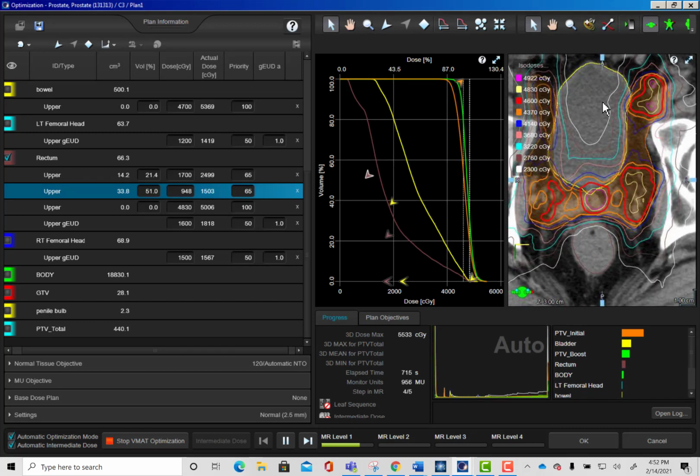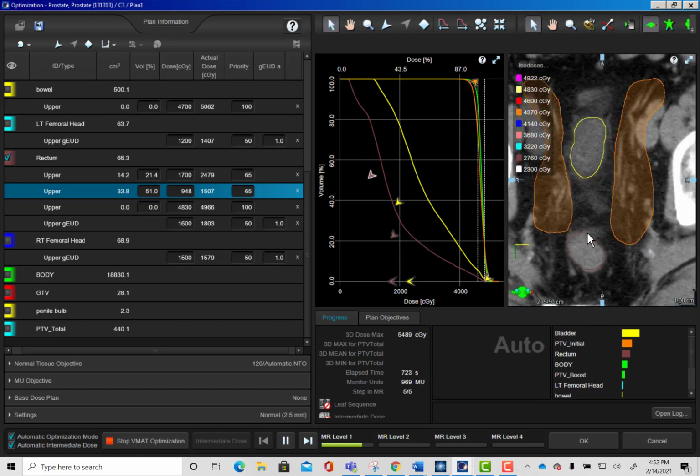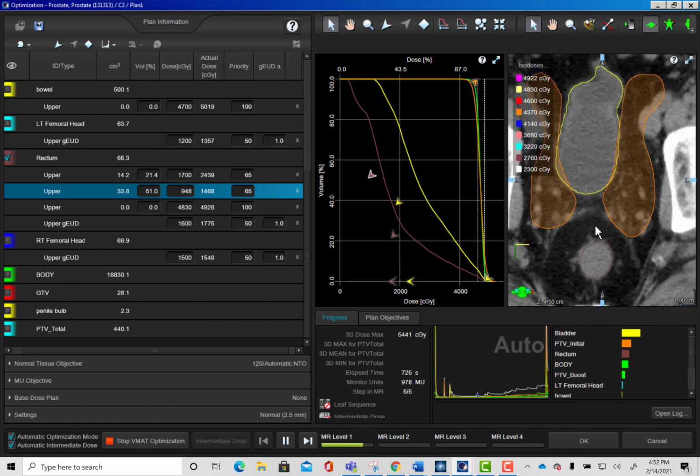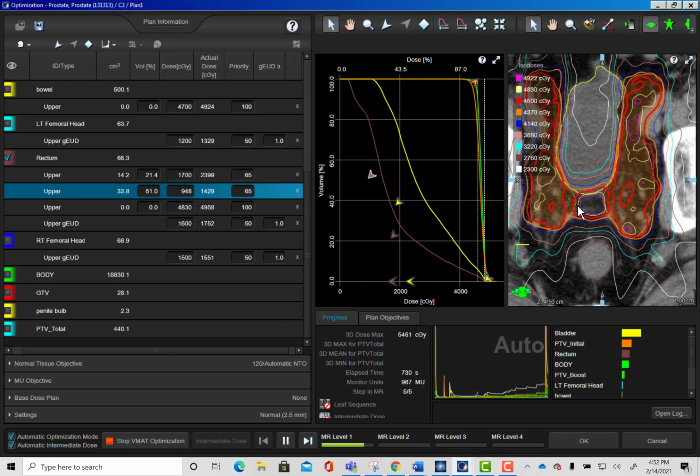Overall, though, pretty happy with our bladder and rectum sparing. You can see we get all those isodose lines to carve out of those structures. The only thing wrong with this plan so far is this giant hot spot right here.